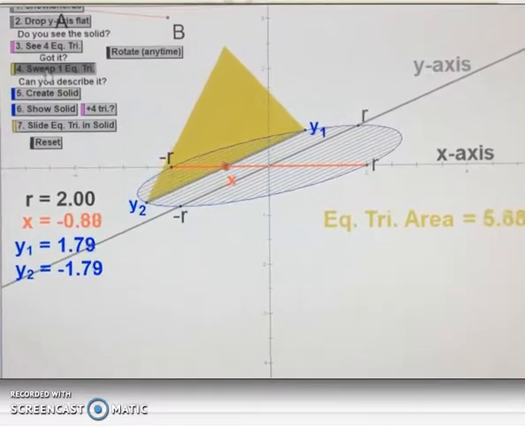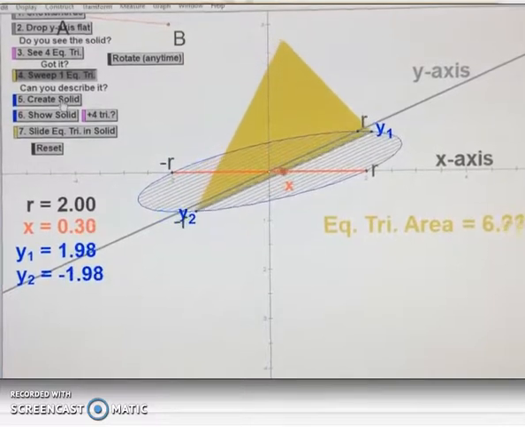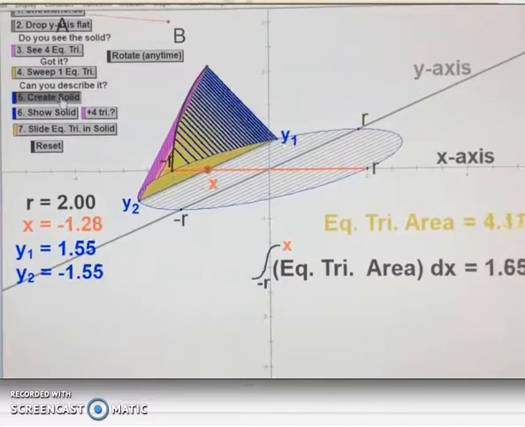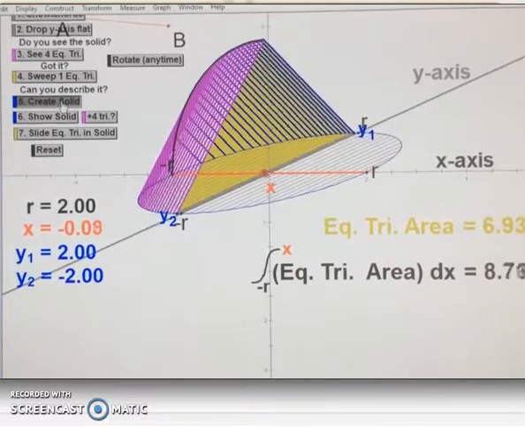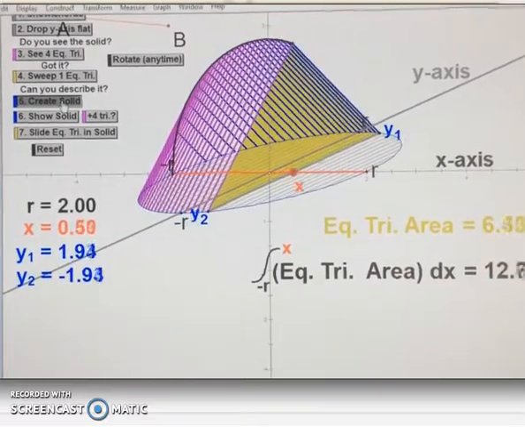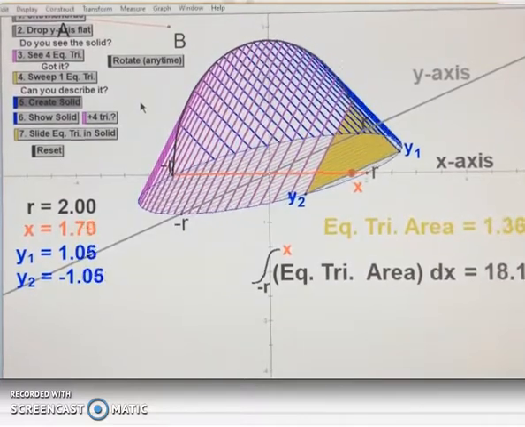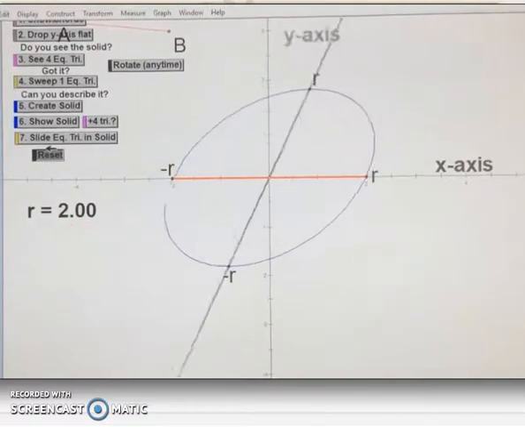Remember, we're using the upper and lower value of the function to describe the base of the triangle. We can create our solid. When you think about this, manufacturing items, packaging, making items in engineering, very important.